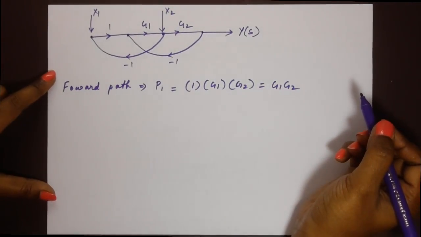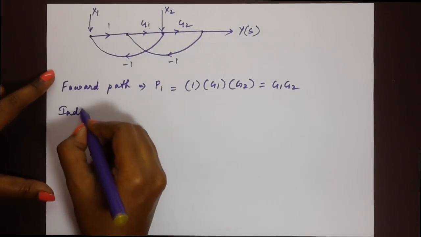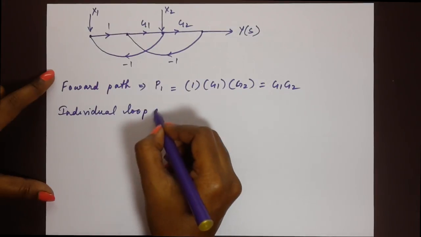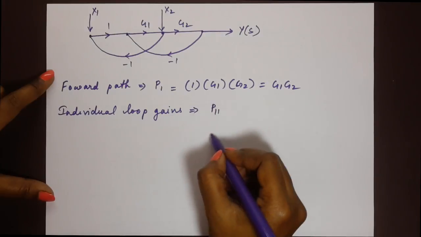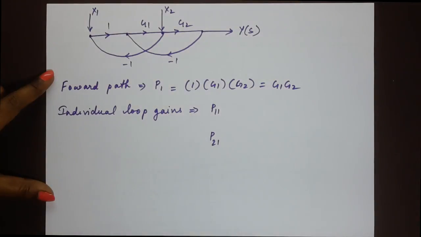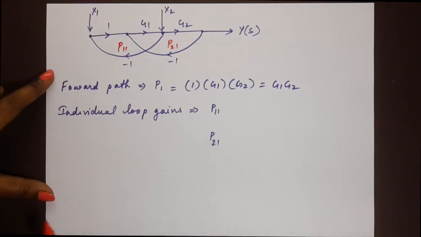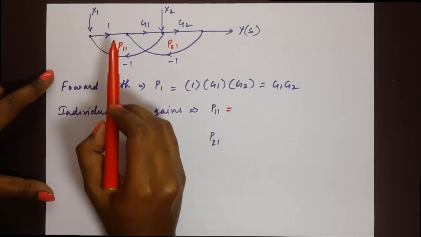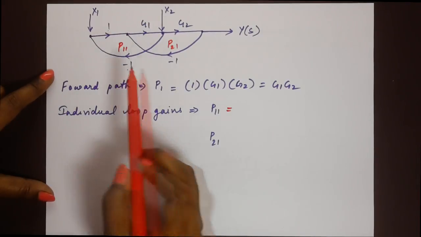The next step is to find the individual loop gains. We'll call them P11 and P21 because we have 2 loops here. We'll call this P11 and we'll call this P21. Now the loop gain for P11 is again the multiplication of the gains and the feedback value given.